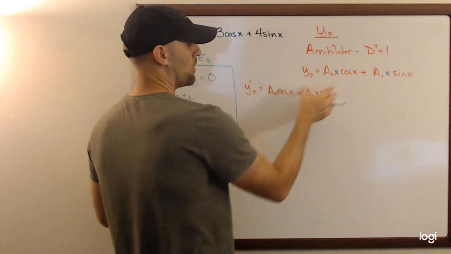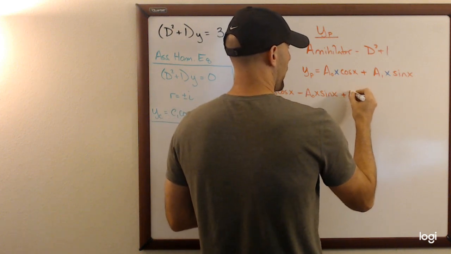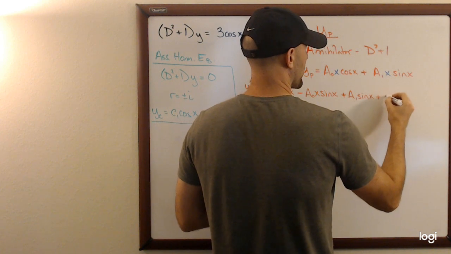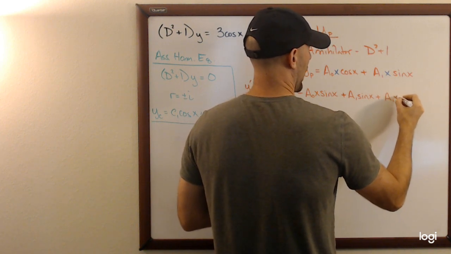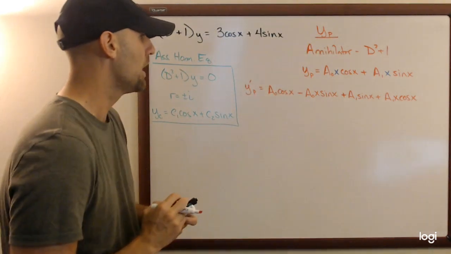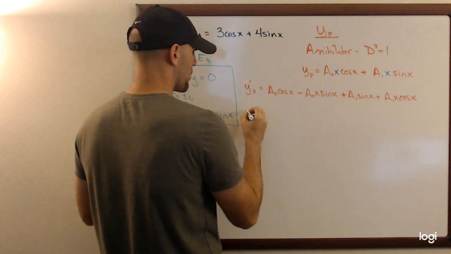Again, product rule, derivative. Here we go, derivative here, that's a1 sine x plus a1 x cosine x. Okay. I need one more. Again, I need the second derivative. Sure.